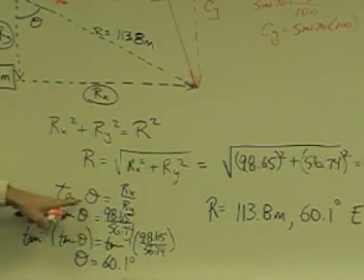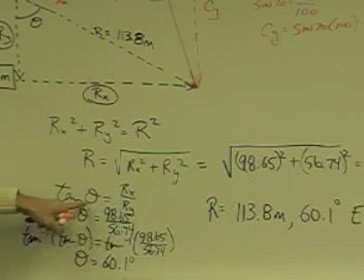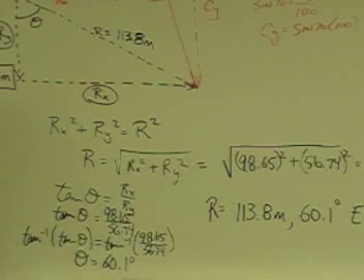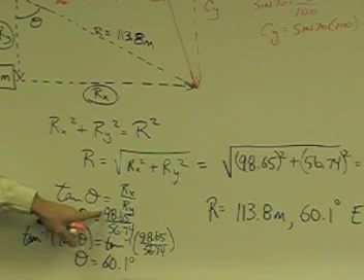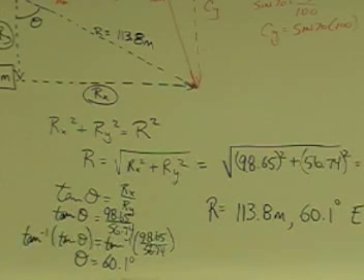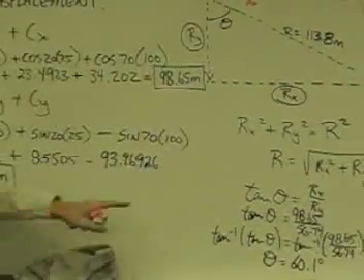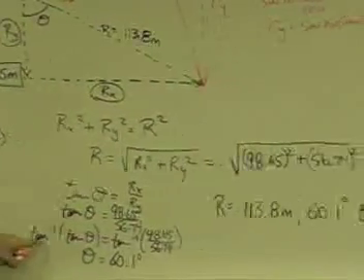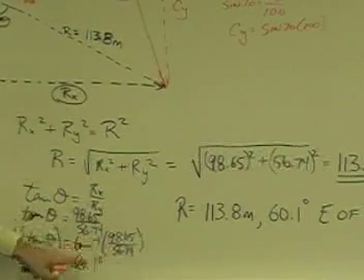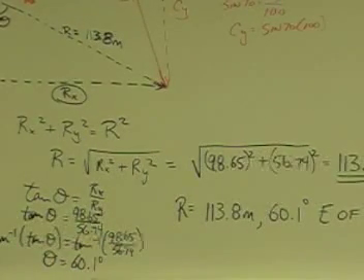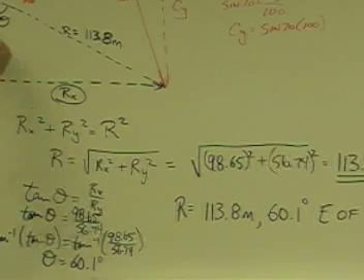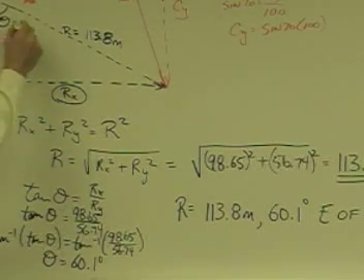So we set up our tangent trig function. And we said tangent theta is Rx over Ry. Plugged in our Rx is 98.65 right there, and our Ry is 56.74. Once we did that, I was able to use the inverse tangent function to solve for my theta. So it came out to be 60.1 degrees. So basically what that's saying is this is 60.1 degrees from here to here.